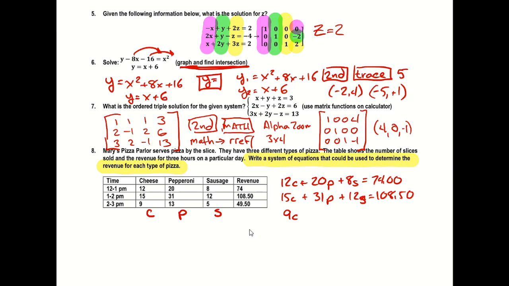And then 9 cheese plus 13 pepperoni plus 5 sausage equals $49.50. That's all we have to do for this one, is write the system. We don't have to solve it. We don't have to find how many cheese, pepperoni, or sausage pizzas. We just write the system.